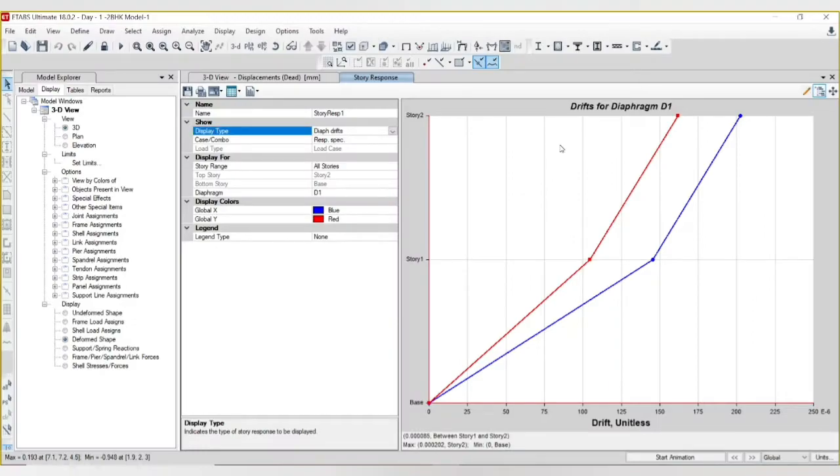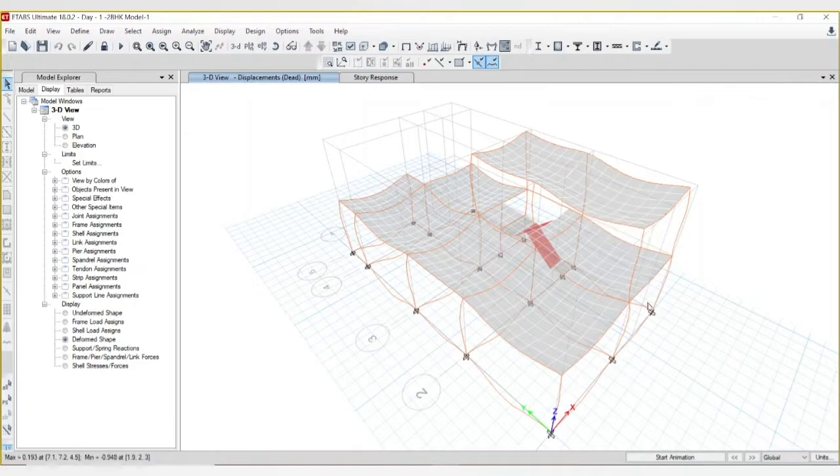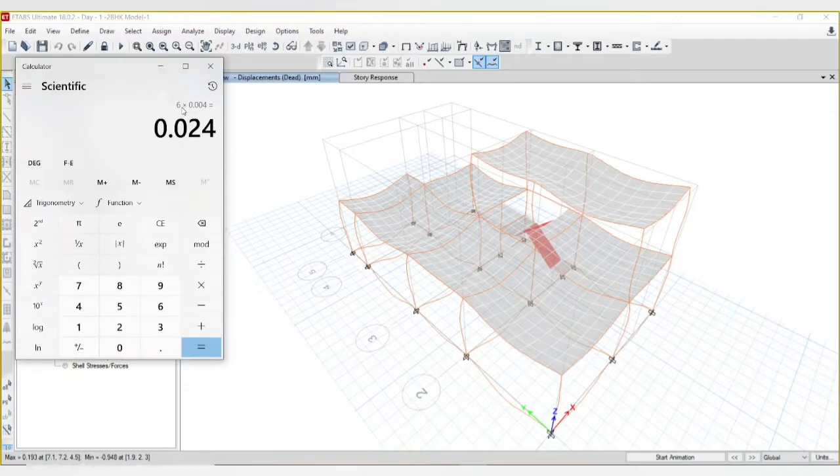Now our story height: first story is 3 meter height and second story is 3, so totally 6 meter height. If we multiply 6 into 0.004, we will be getting 0.024, that is 24 into 10 power minus 3, which is your answer.